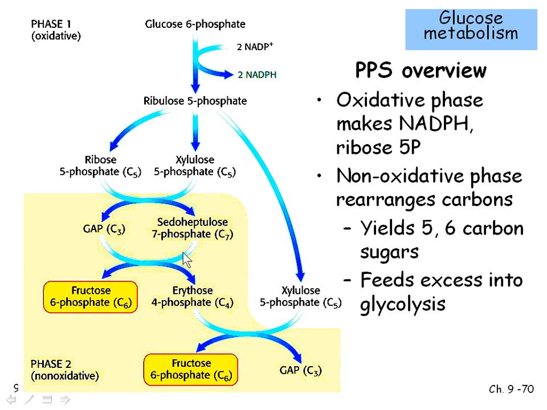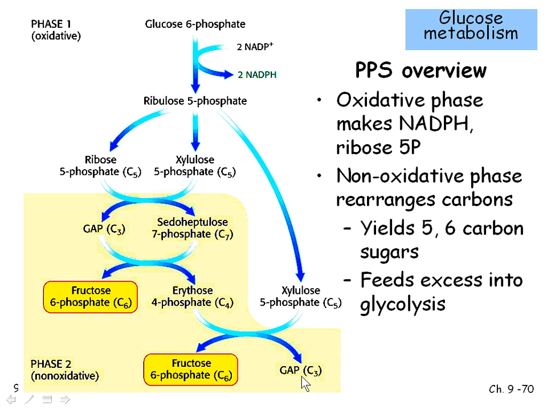Some more rearrangements, and now we can have a fructose 6-phosphate. So up there, we were glucose 6-phosphate, and now we're at fructose 6-phosphate. We just took a really long path to get there, plus a 4-carbon erythrose. But if you play footsie between the erythrose and the xylulose, you can now get another fructose 6-phosphate out and a GAP, glyceraldehyde 3-phosphate.